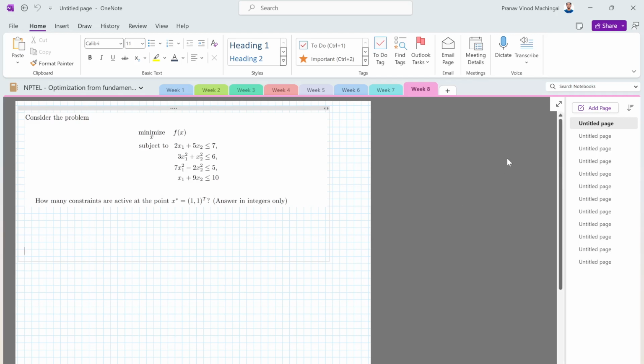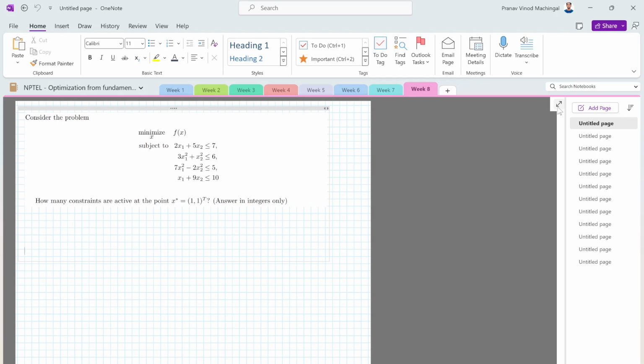They are very much similar to the assignment questions which are given every week. I'll discuss the week 8 assignment questions from the NPTEL course offered last year, or the year before last. The same assignment questions I'll be discussing, so they may vary only slightly from every week's assignment questions.